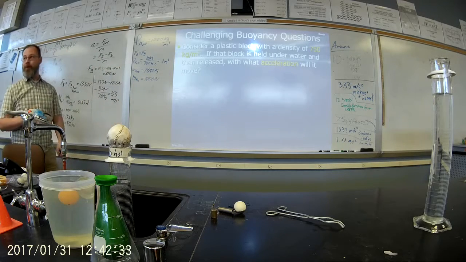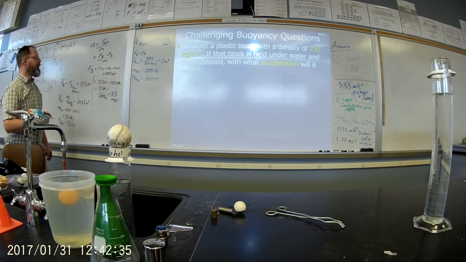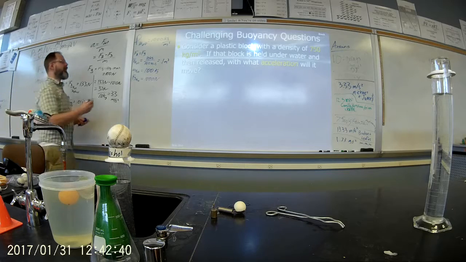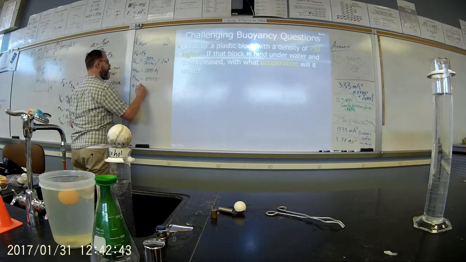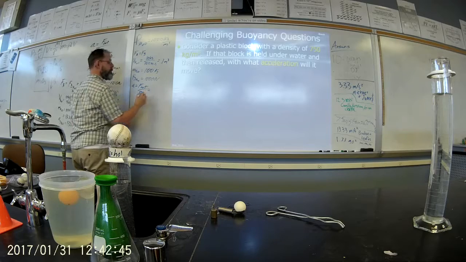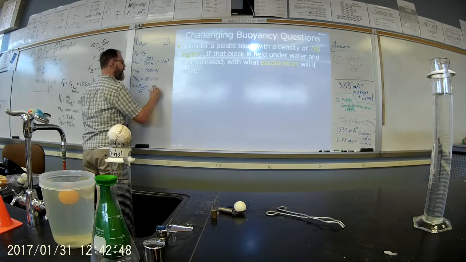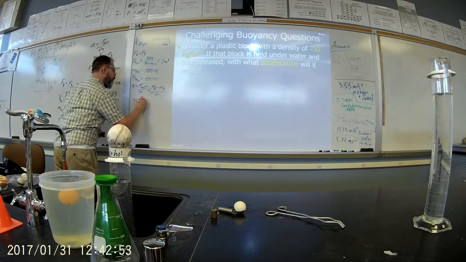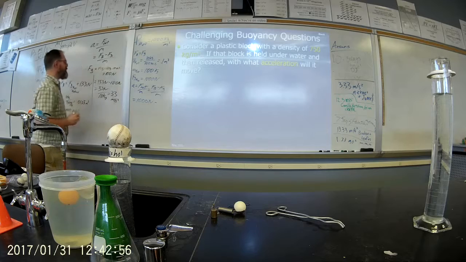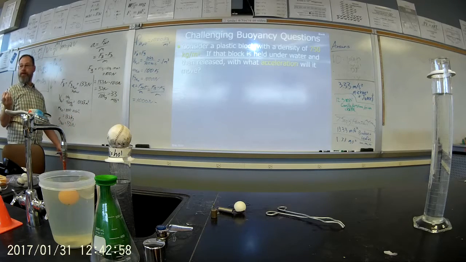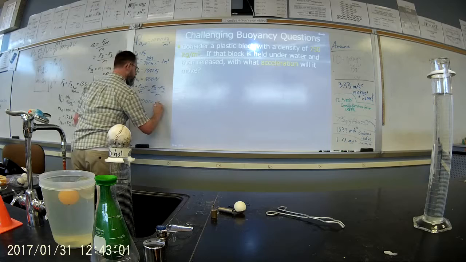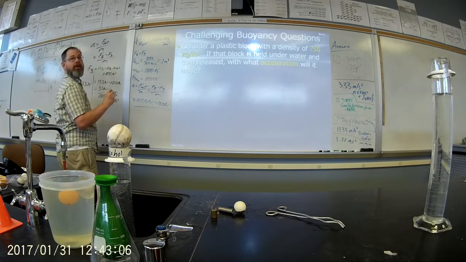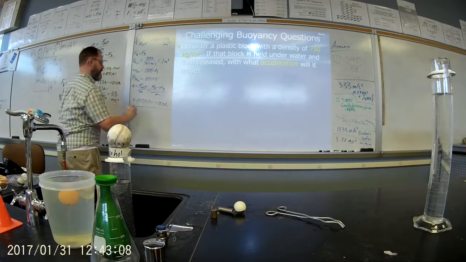And this is where we get to the good part. If you had a beach ball that somehow weighed 10 kilograms, a huge beach ball, the acceleration would still be F net over mass, which would still be Fb minus Fg over m, which would be, in this case, 1,000 newtons minus Fg, which is 100 newtons, divided by the mass of, not 100, but 10.